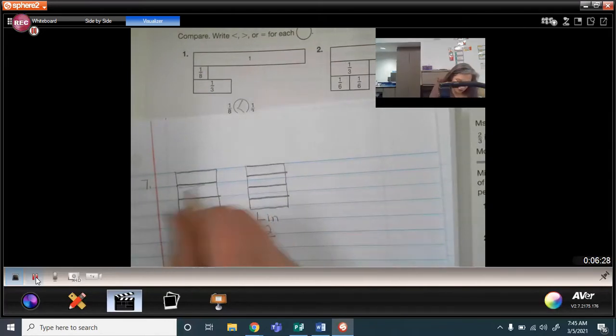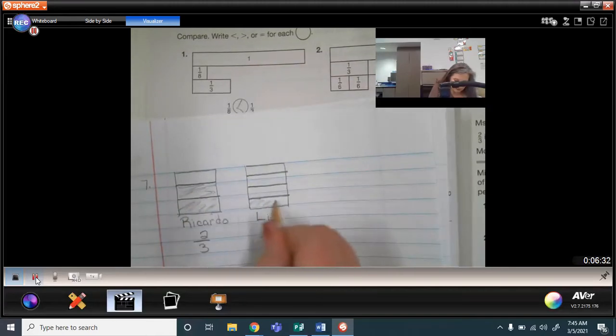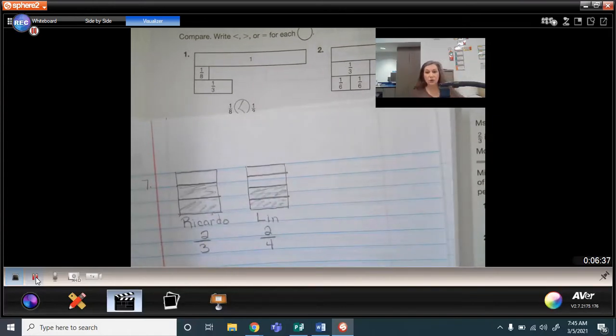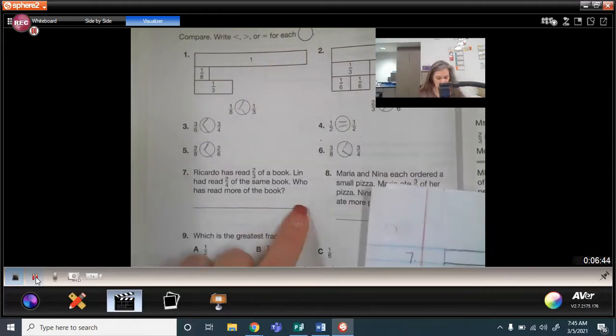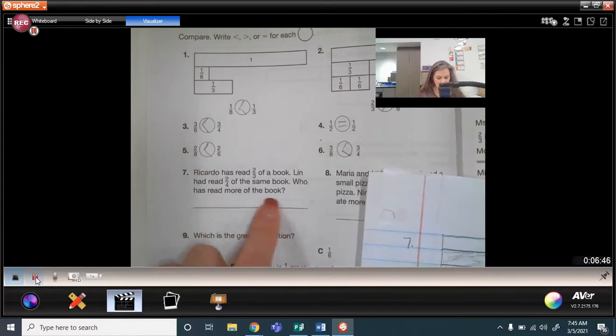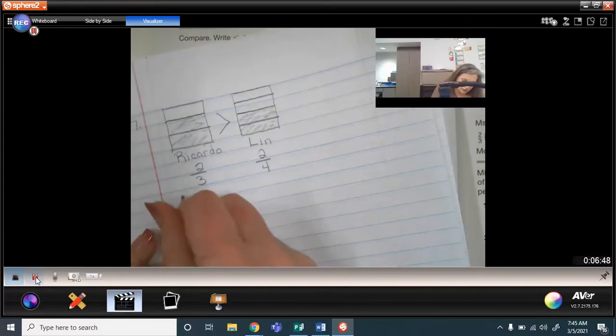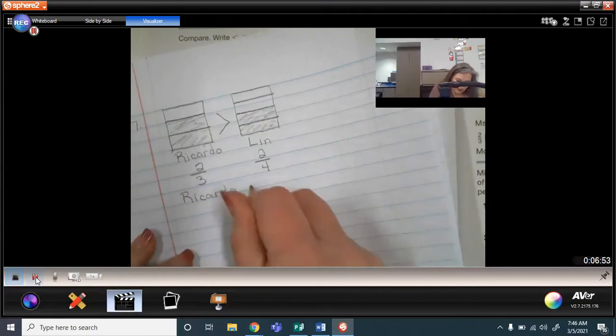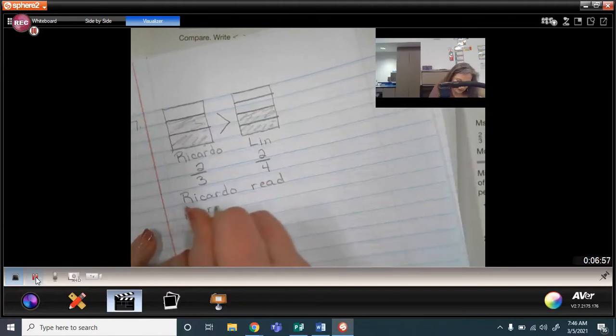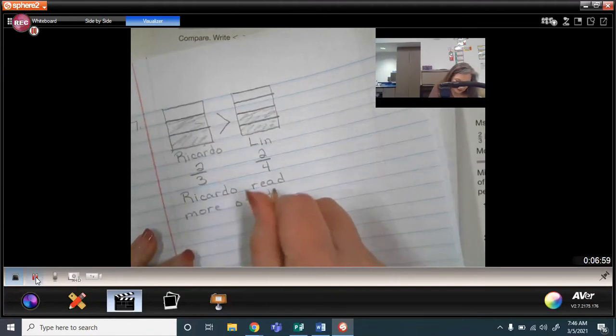This would be 2/3, and this would be 2/4. So you can see that 2/3 is greater than 2/4. Now, it asks you to tell who read more of their book. So you could say, Ricardo read more of the book than Lynn.